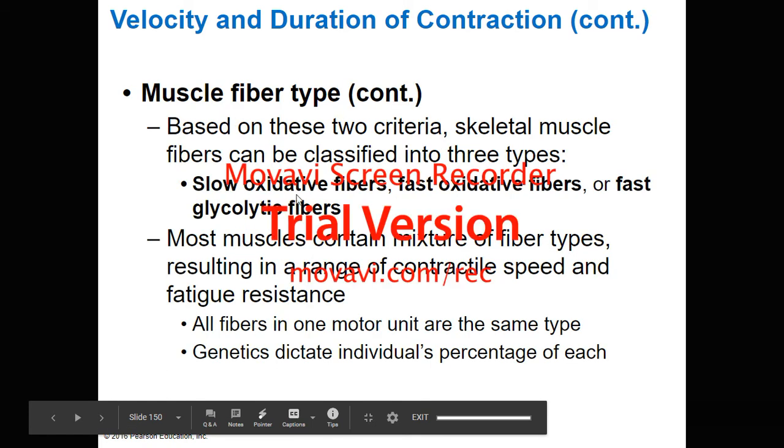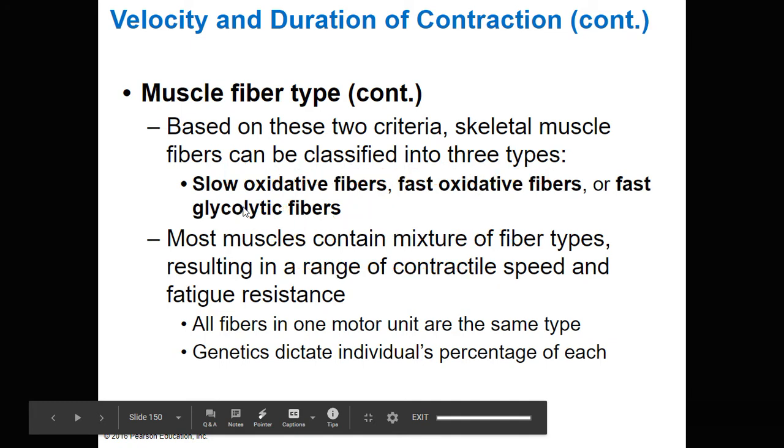And then oxidative or glycolytic: oxidative is going to use oxygen, glycolytic is going to be anaerobic.